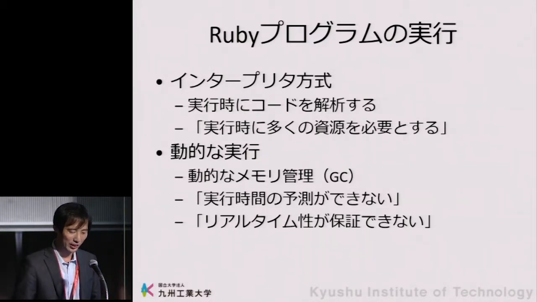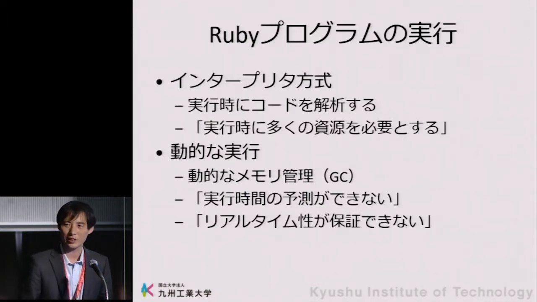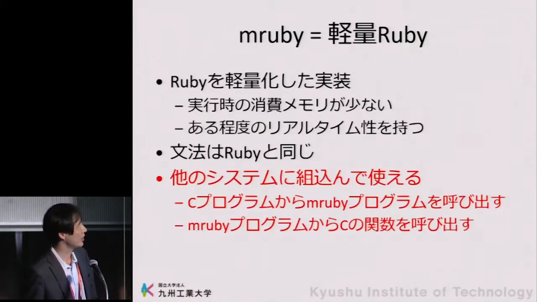That's why it's very difficult to use. And with dynamic execution, GC will be conducted, and once GC occurs, we cannot secure real-time operability. If there is a time limitation, this will be very difficult to achieve. That's why Ruby was very hard to use for embedded systems.